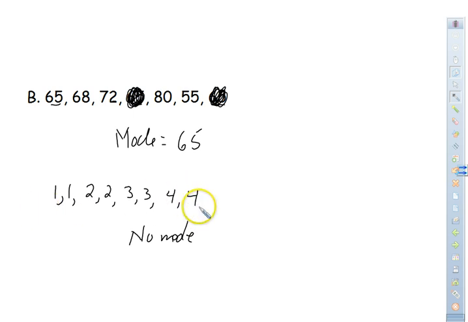They have all occurred the same amount. Yes, they occurred 2 times, more than once, but there's none of these numbers that occurred more than the others. So 2 ones, 2 twos, 2 threes, 2 fours, they all occurred the same amount, therefore no mode.